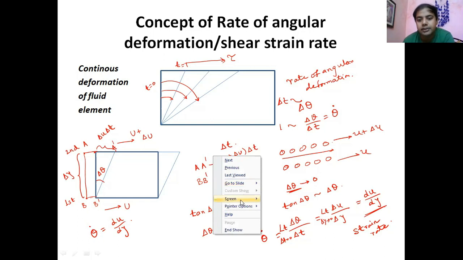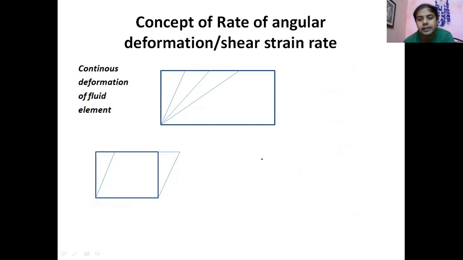Now, what does Newton say? Newton says that the shear stress is the reason for this theta dot. Shear stress and shear strain rate have a relation, and this relation is a proportional relation. That comes from Newton's law of viscosity.